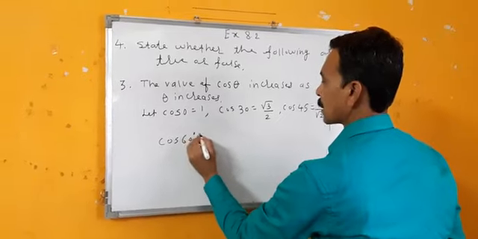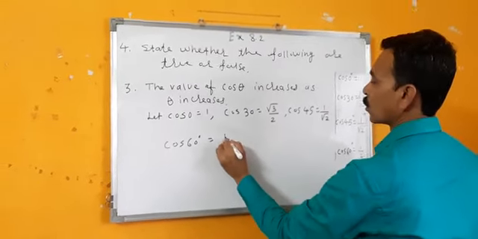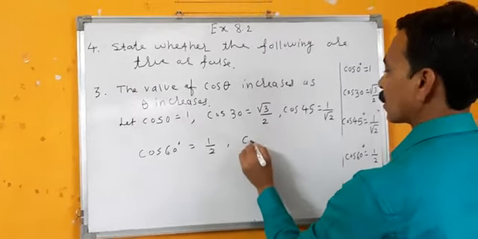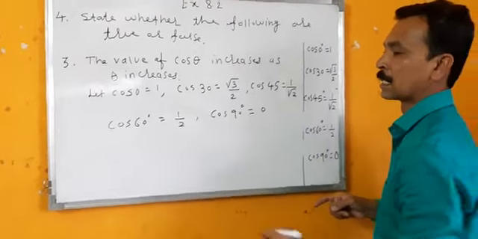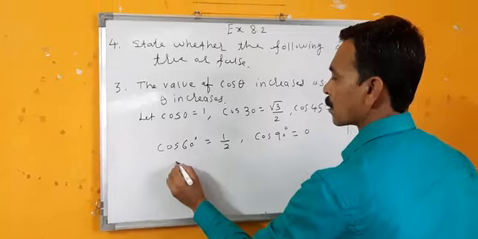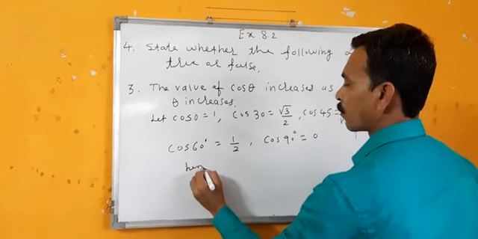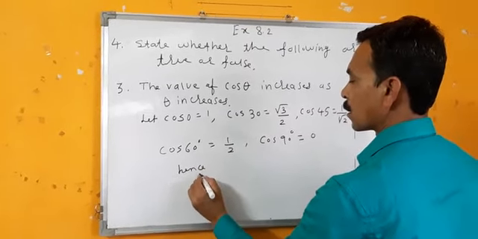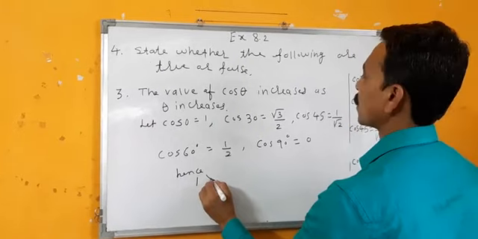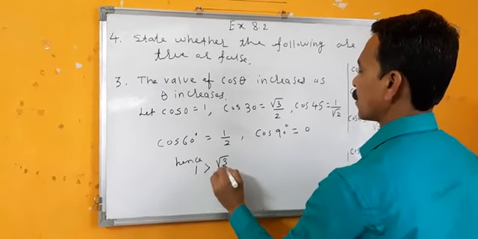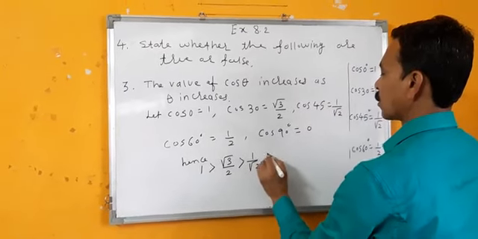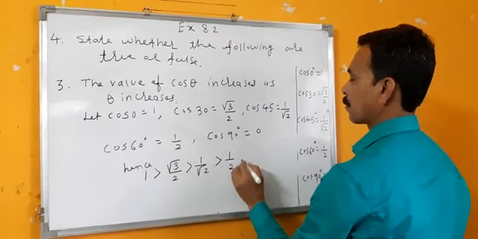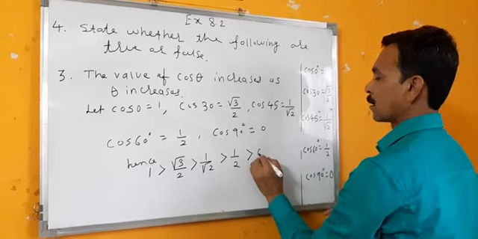Cos 60 is equal to 1 by 2. Cos 90 is equal to 0. So, hence 1 is greater than root 3 by 2, which is greater than 1 by root 2, which is greater than 1 by 2, which is greater than 0.